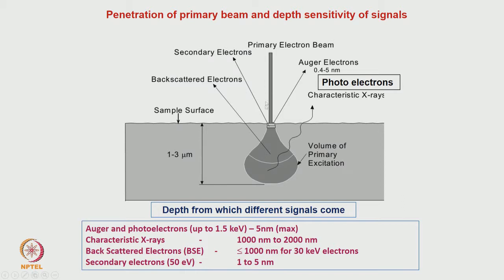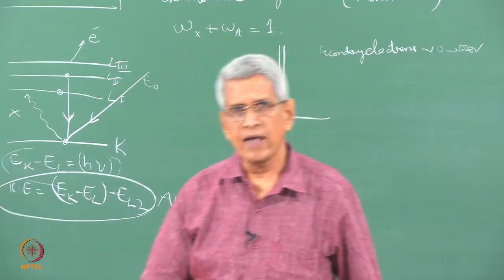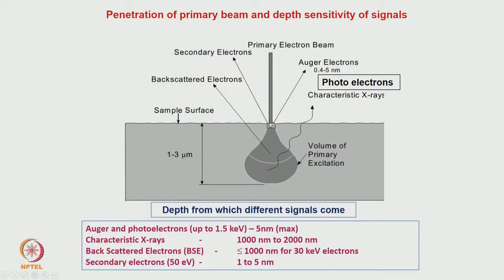Because when a primary electron beam has entered, finally it has to lose all its energy. The energy it loses depends upon the range, and the range is quite large, of the order of 3 to 4 microns in this case. So what we can make out is that as the electron beam falls on the sample surface, secondary electrons are generated from a depth which is very small.